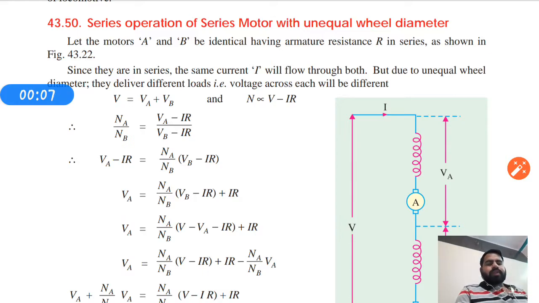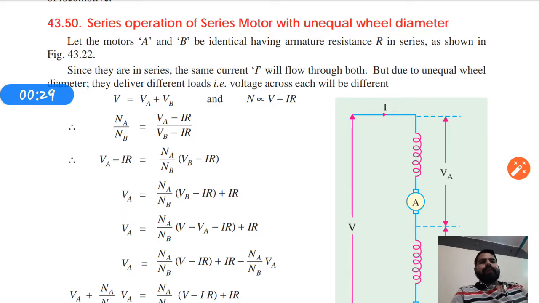In the continuation of electric traction system, today we will discuss the series operation of series motor with unequal wheel diameter. In our last lecture we have discussed the parallel operation of series motor with unequal wheel diameter. So today we will discuss the series operation of series motor.